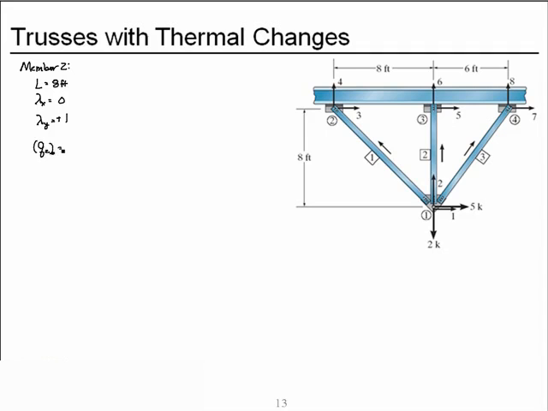Our fixed end force for this member, minus A E alpha delta T, is the same as for member 1 because it's not dependent upon geometry, just material and section properties and change in temperature. So we still get a minus 1.885 kips.